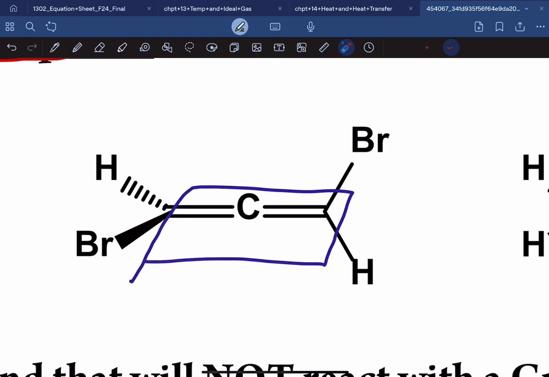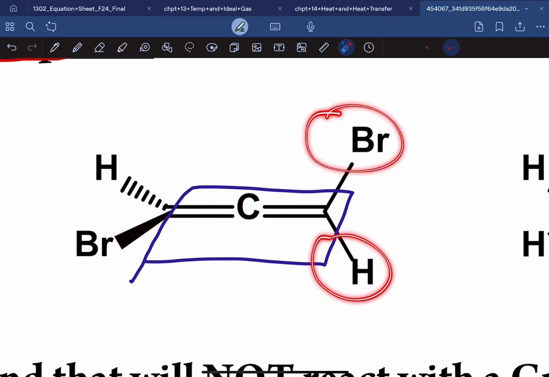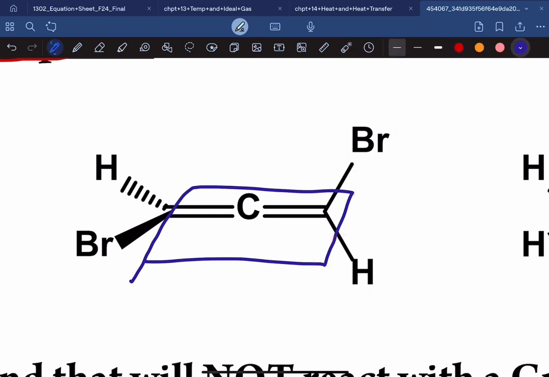So that means that this BR would get sliced in half and this would all get cut in half. Recognize that, okay, on the left side, half the BR is above, half the BR is below, half the H is above, half the H is below. But on this side, my BR is above and my H is below, right? So these groups are not symmetrical. So that's why this would be chiral.